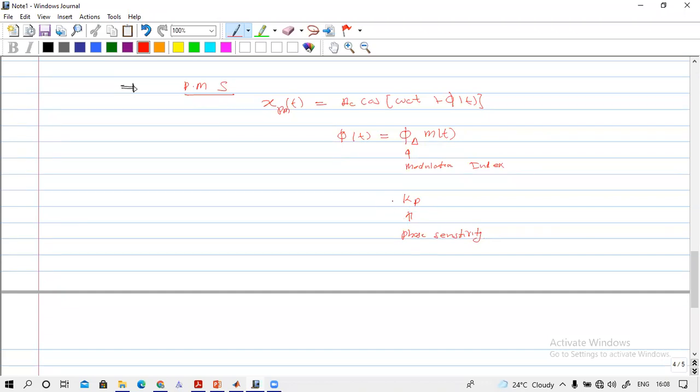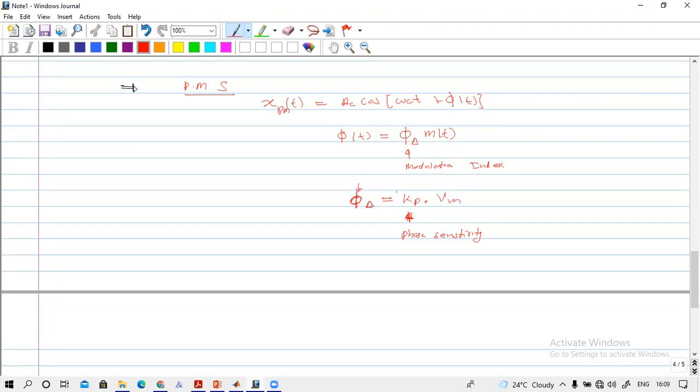We can define the phase sensitivity as phi delta equal to Kp times Em. So this is how the phase sensitivity is defined, and actually it gives the phi delta, that is the modulation index.